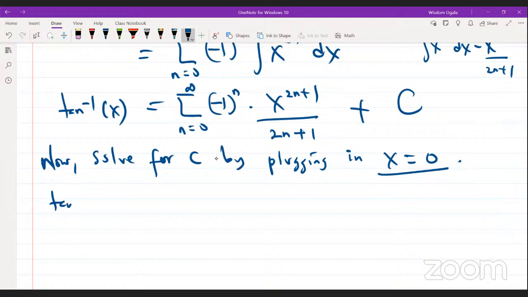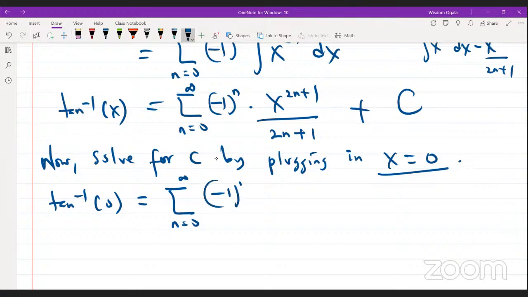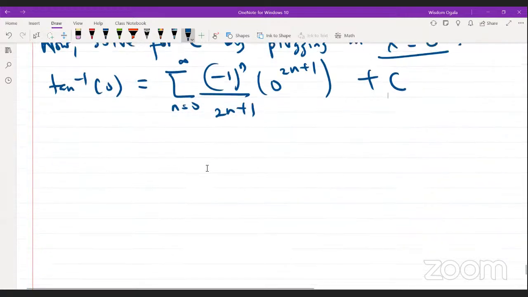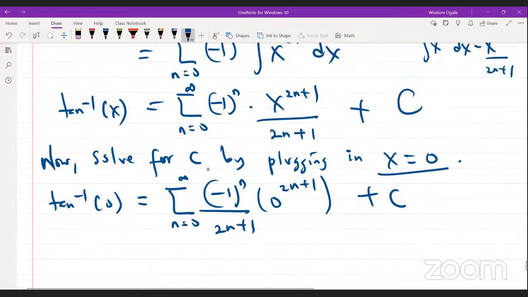So that means tan inverse of 0 equals, wherever you have x, just put in 0. Negative 1 to the power of n divided by 2n plus 1. If you put in 0 here, that becomes 0 to the 2n plus 1, plus c. In fact, the whole of this guy will go to 0, right? Tan inverse of 0 is 0, so that means that c is 0.